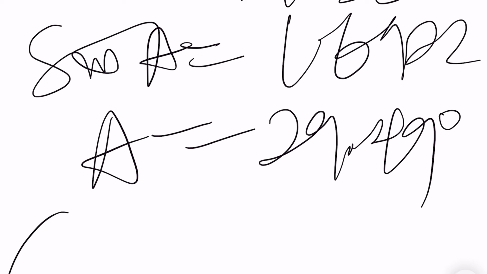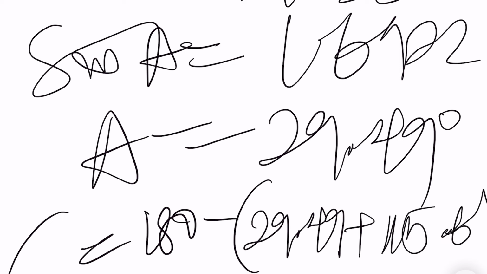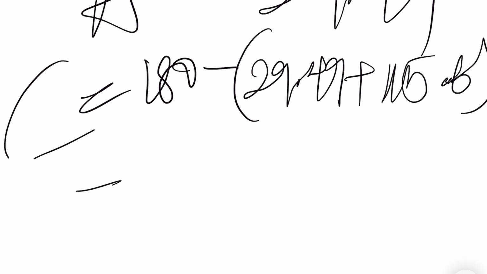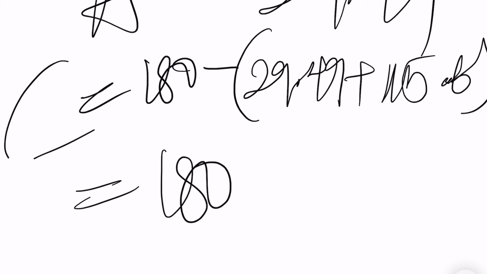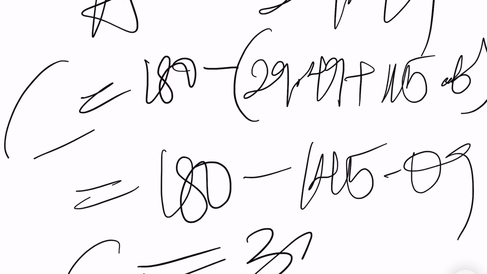Now, for our angle C, we have it to be 180 degrees minus 29.49 plus 115.6 degrees. So we have 180 minus 145.09, so we have our C to be 34.91 degrees.